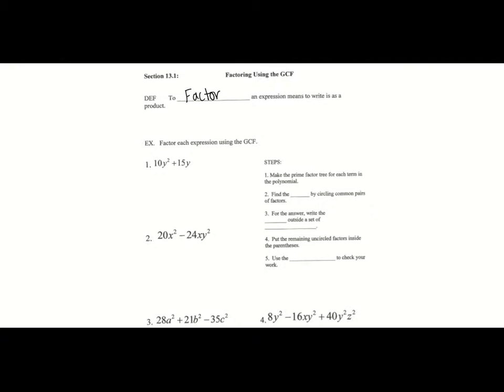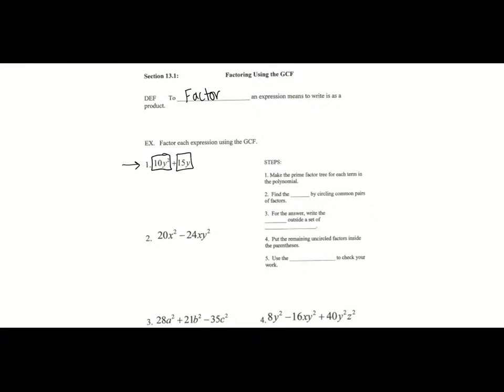The first one says make the prime factor tree for each term in the polynomial. So this right here is our polynomial, and we need to make a factor tree for each term. This is one term, and this is the other term.